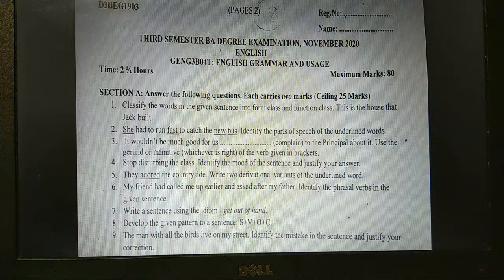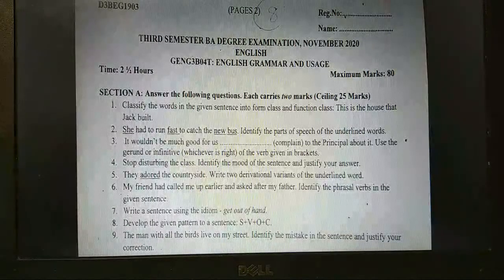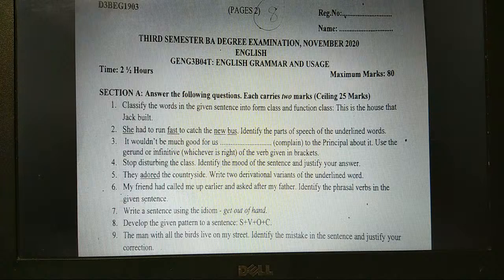House is a noun, Jack is again a noun, and built is a verb. And function class: this is a demonstrative pronoun, is an auxiliary, and the is an article.